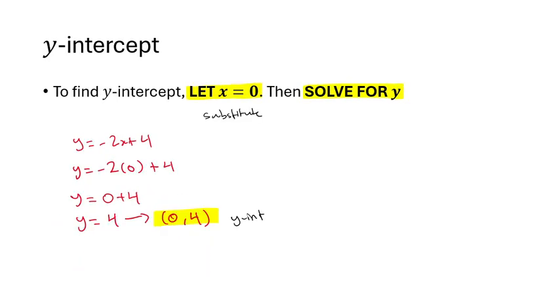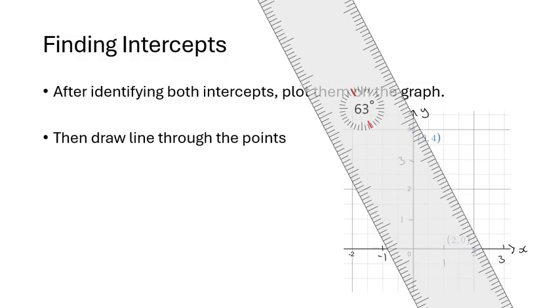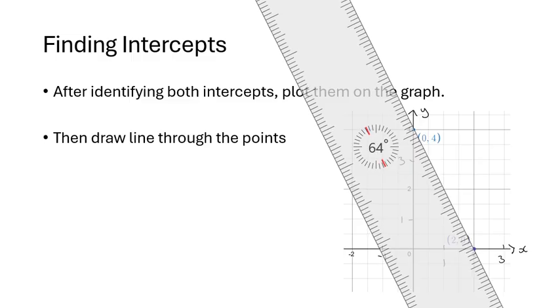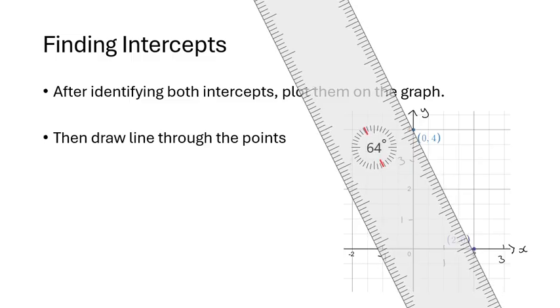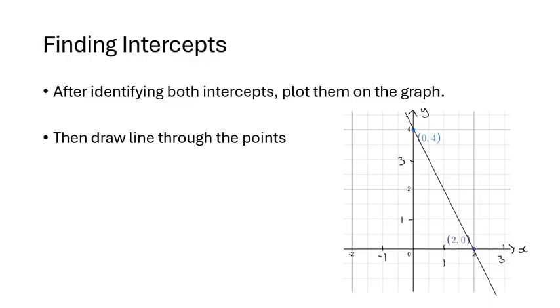You have 2, 0, and you have 0, 4. You are now just going to plot them on your graph, and then you just draw a line straight through those points right here. So let's just do that real quick. And now you're going to label the line y equals negative 2x plus 4. We've already labeled the x and the y-intercept, and we're done. Just like that.